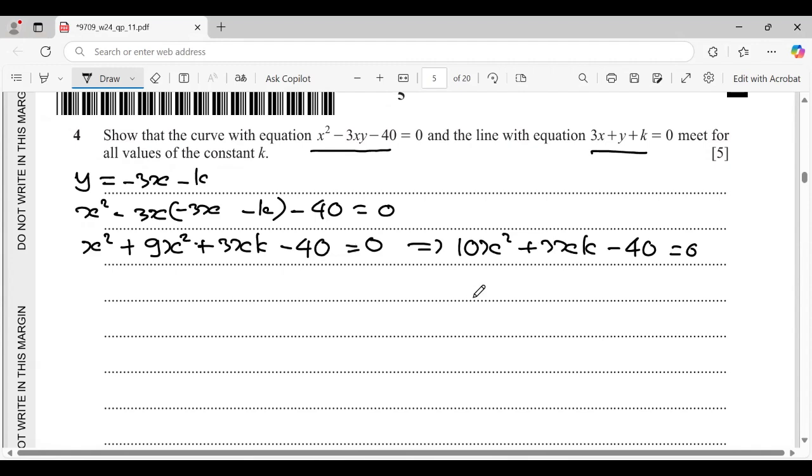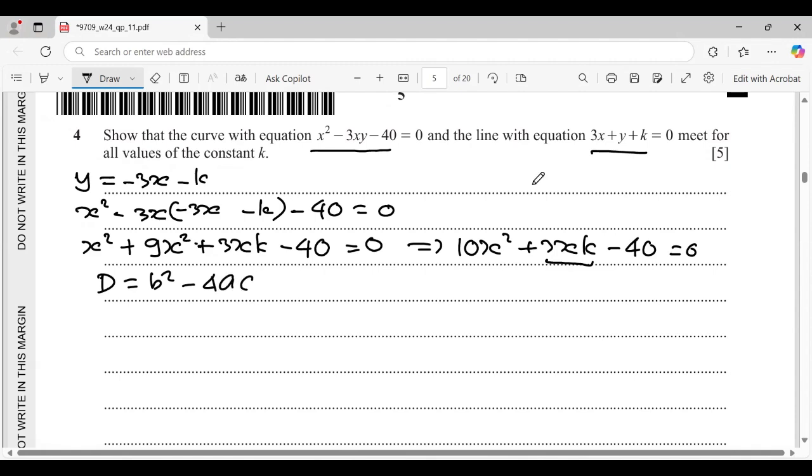This is a quadratic equation. For the curve and the line to meet, this quadratic equation must have a real solution. Real solutions mean the discriminant, b squared minus 4ac.